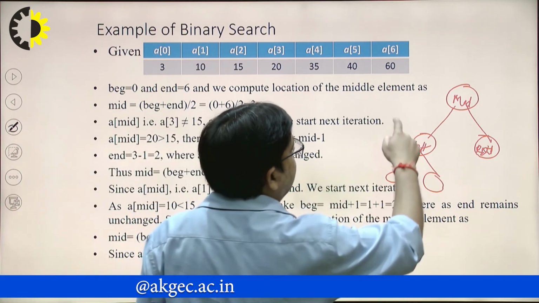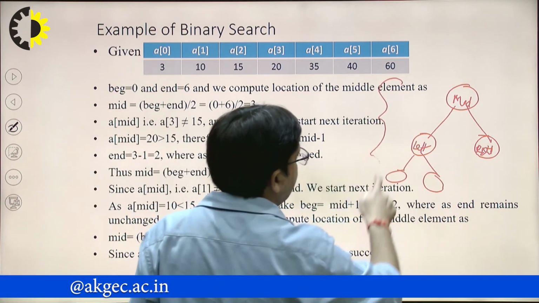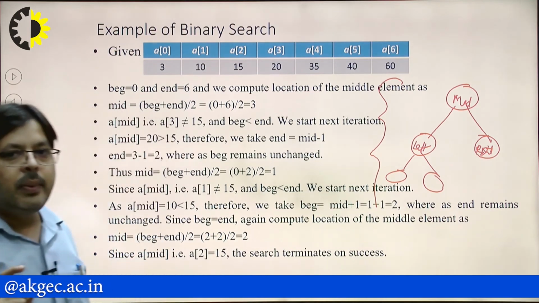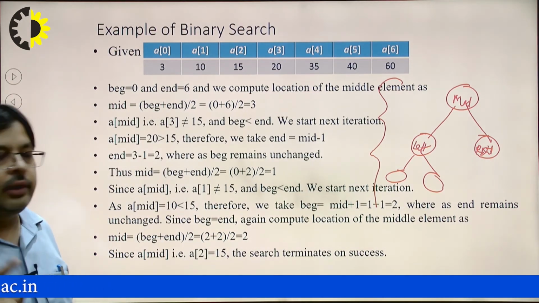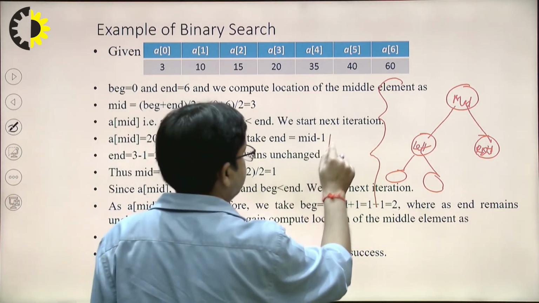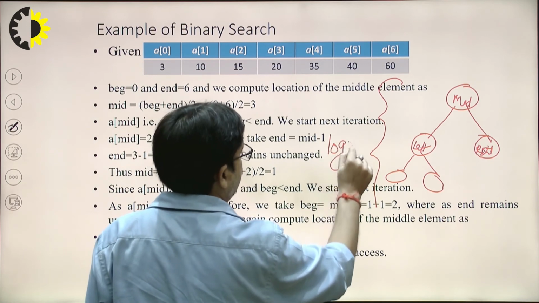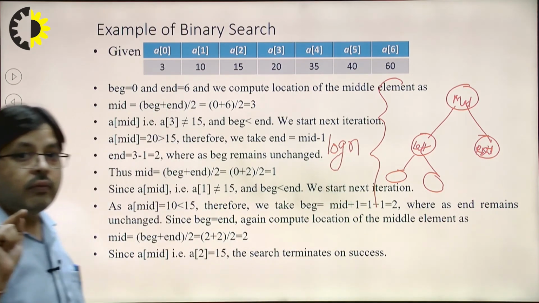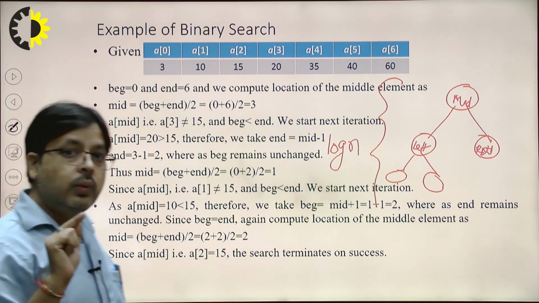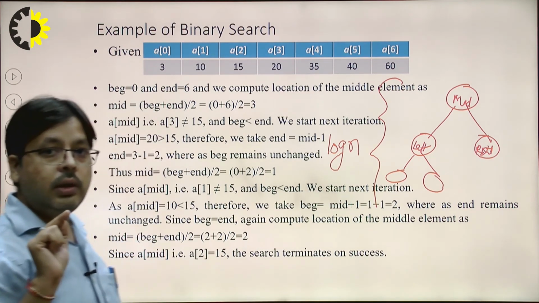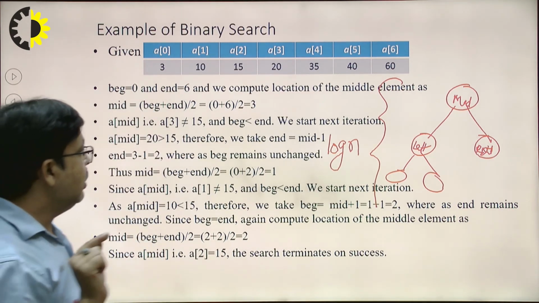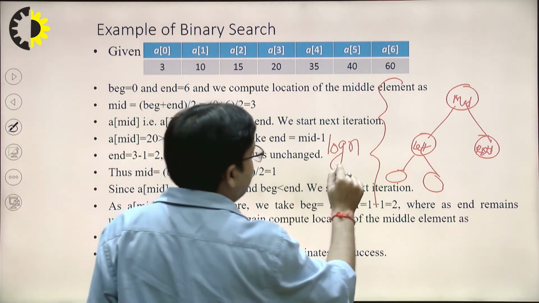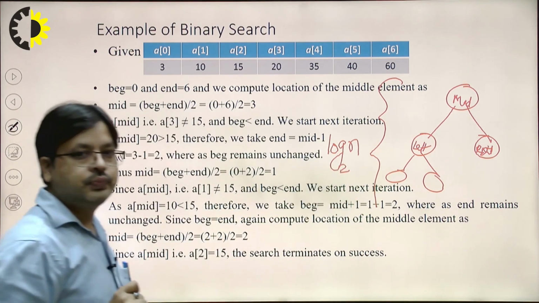We are not going to give you a technical proof here, but keep in mind, the height of the binary tree is log n. And when you use log in terms of a binary tree, the base of the log will always be 2.